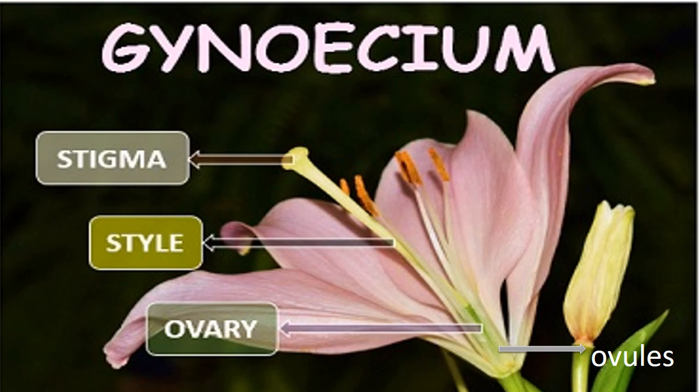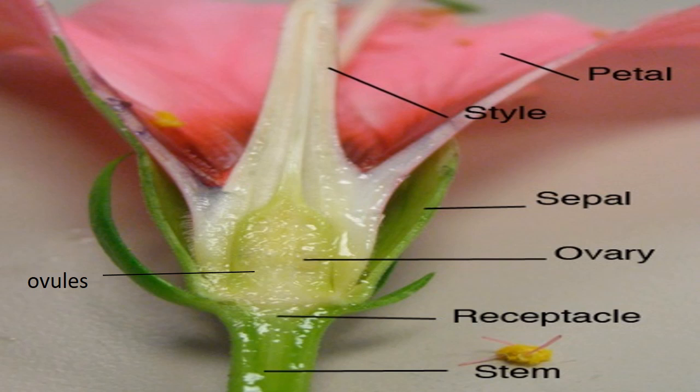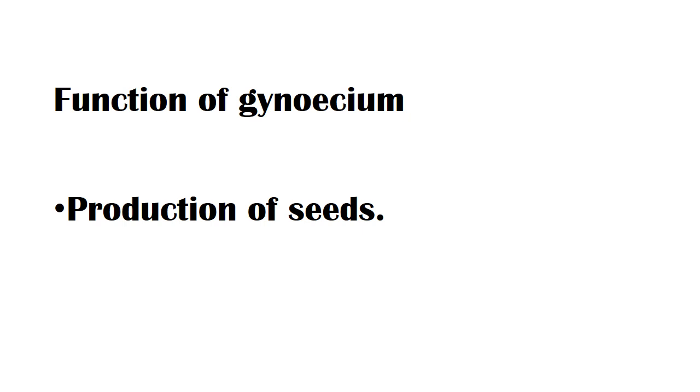That means the ovary contains ovules. In this picture also you can clearly see ovules are present in the ovary. The function of the gynoecium is production of seeds.